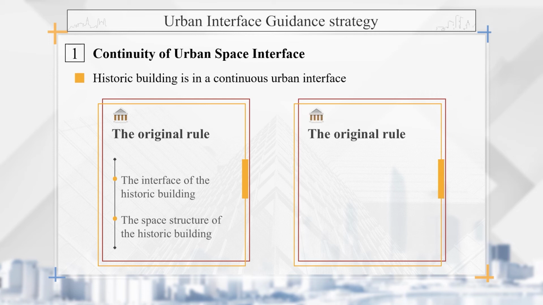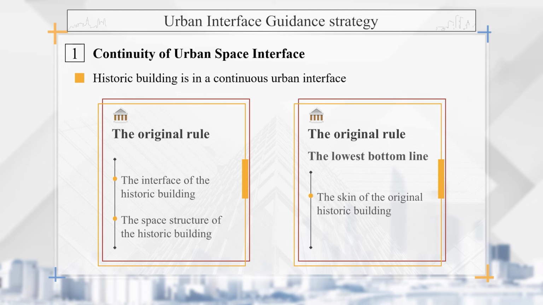However, when the newly installed function and the space capacity of the historical building conflict with each other, the skin of the original historical building can be used as the lowest bottom line of the reused design.